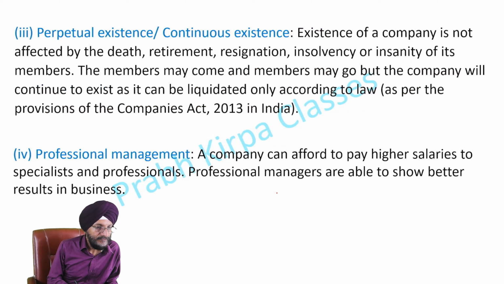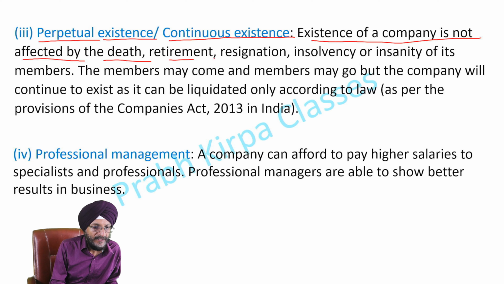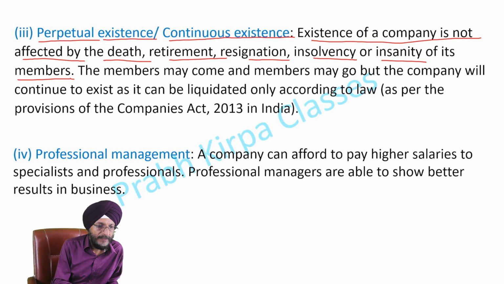Next merit of joint stock company is perpetual existence or continuous existence. Existence of a company is not affected by the death, retirement, resignation, insolvency, or insanity of its members. Insanity means mental illness.